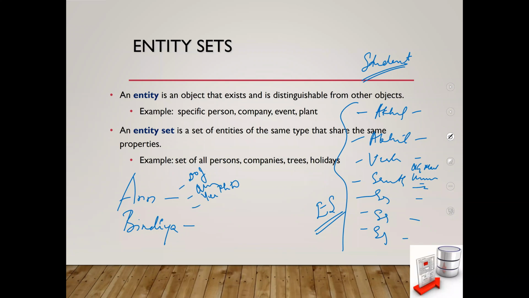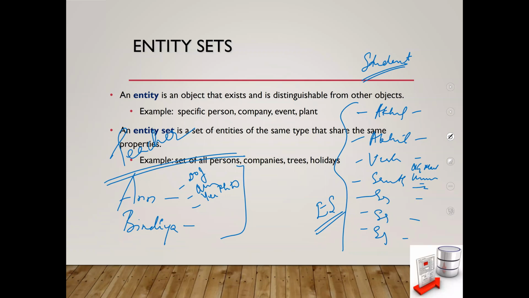So I can say this is distinguishable from this. So I can say that Anne and Vidya do not belong to student. Instead, I can say they belong to another entity set called teacher.